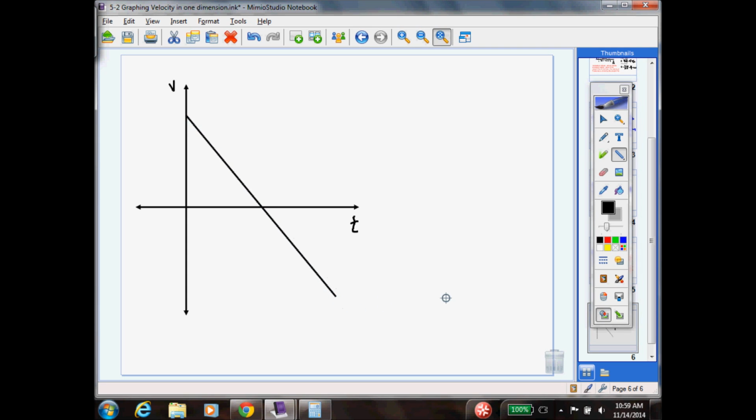We want to talk through what's going on with this graph. It actually is not moving backwards the whole graph. No, the first part is slowing down. Beautiful. Okay. Now, here we have a positive velocity.